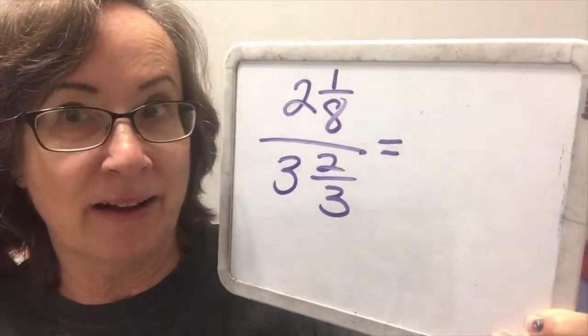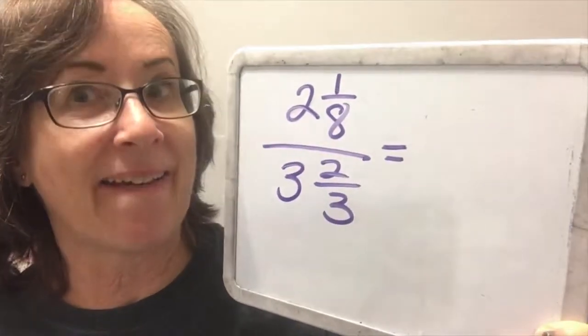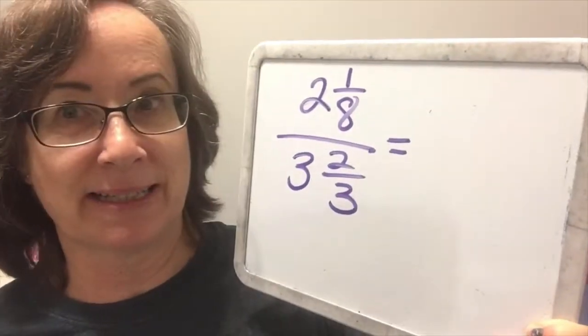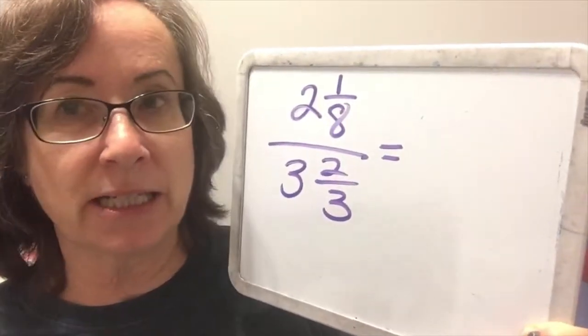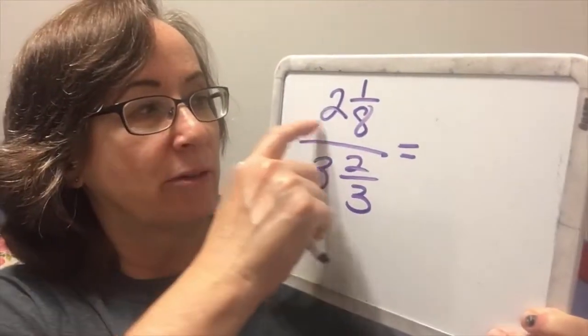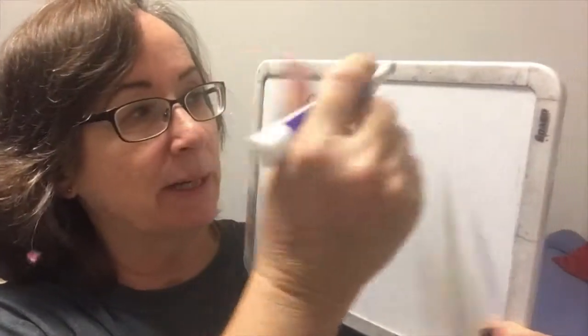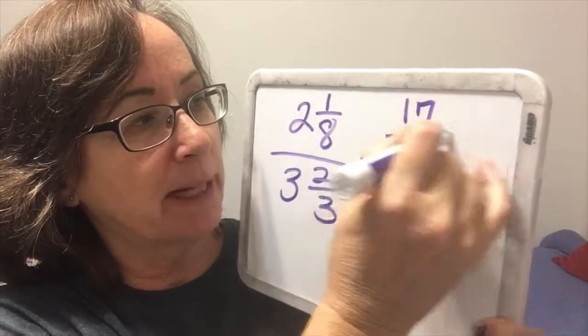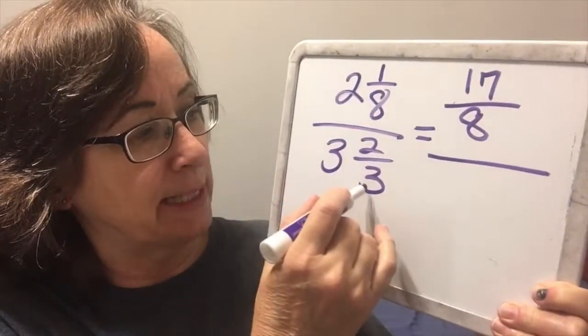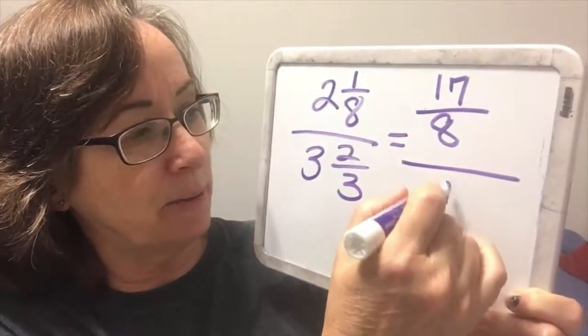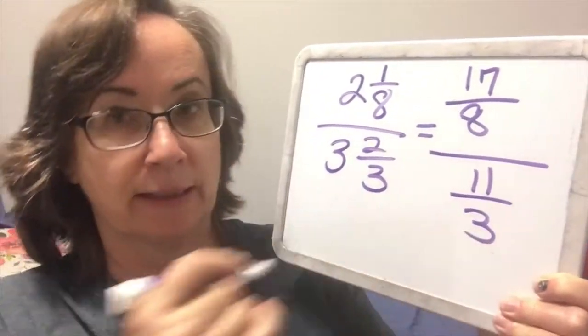Okay, so now we're going to practice dividing by mixed numbers. And again, we're going to turn each mixed number into its improper form. So 2 times 8 is 16, plus 1 is 17, so this one becomes 17/8. And then we're dividing by 3 times 3 is 9, plus 2 is 11, 11/3.